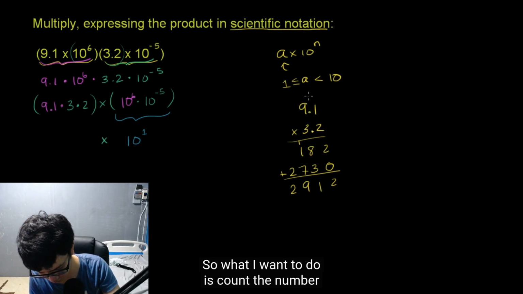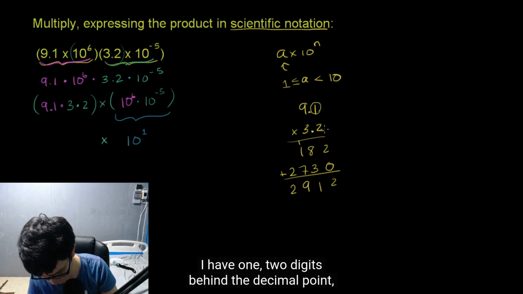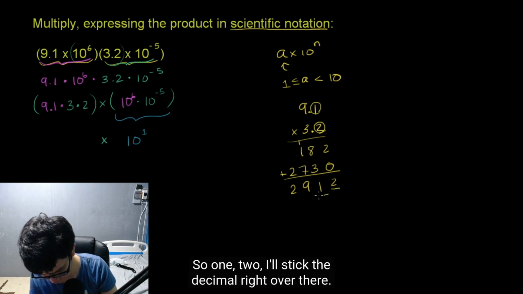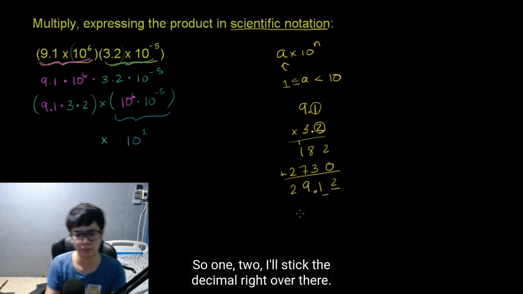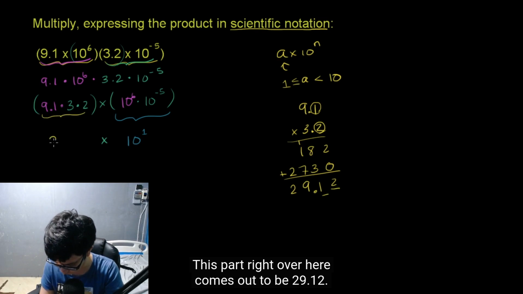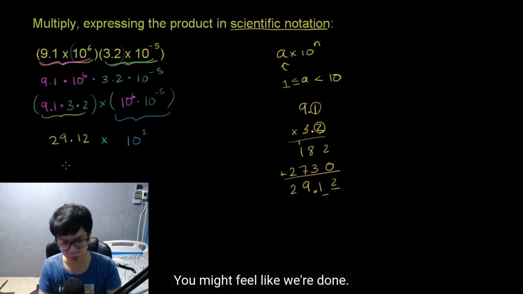So what I want to do is count the number of digits behind the decimal point. I have 1, 2 digits behind the decimal point, and so I'll have 2 digits behind the decimal point in the answer. So 1, 2, I'll stick the decimal right over there. So this part comes out to be 29.12. So you might feel like we're done.